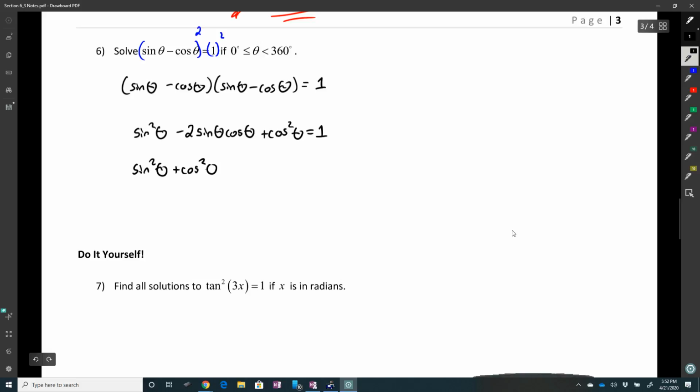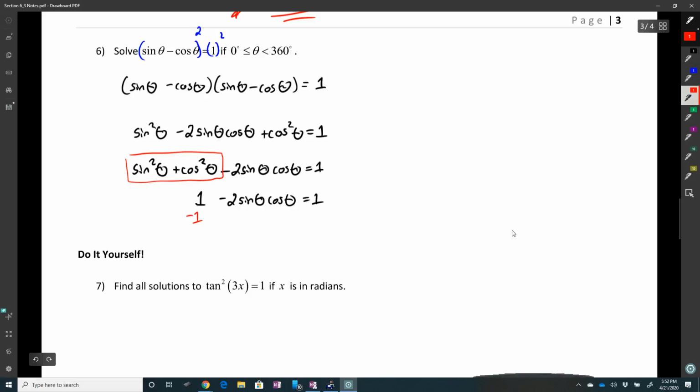I'm rearranging things because I want to use trig identities. So here I have sine squared plus cosine squared. Well, that's just a 1, which I can subtract from each side.